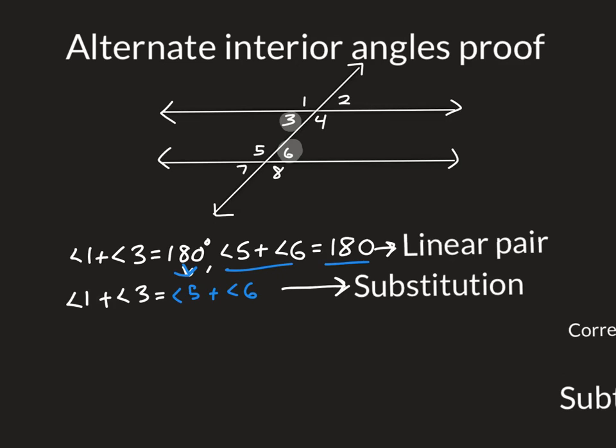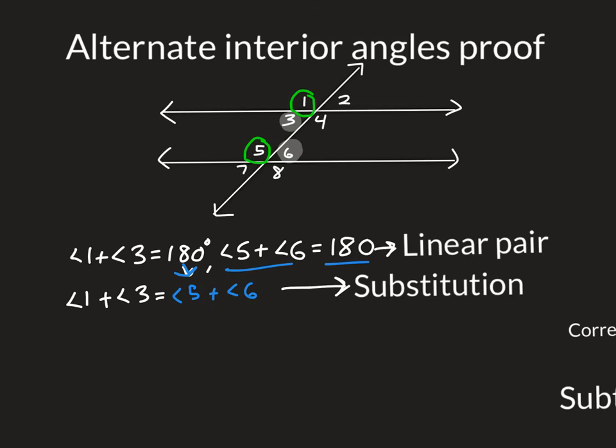The next thing I'm going to take a look at is angle 1 and angle 5. Angle 1 and angle 5 are both in the upper left corner. That means they are corresponding angles. And what's true about corresponding angles? Corresponding angles are congruent.